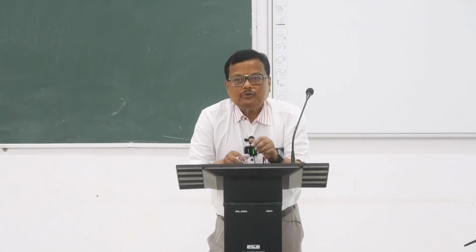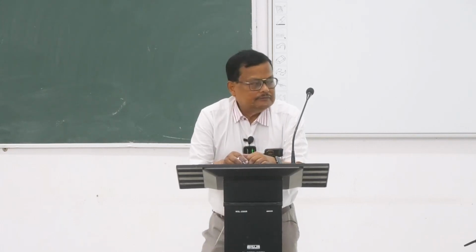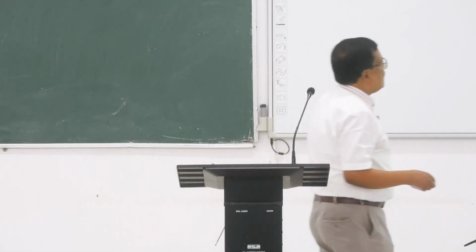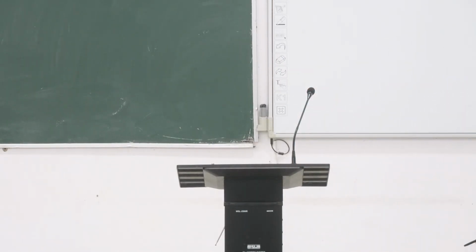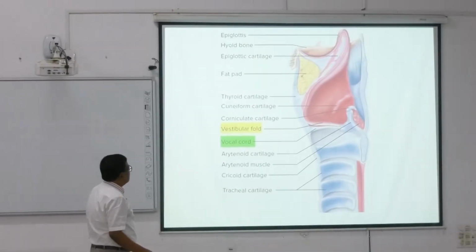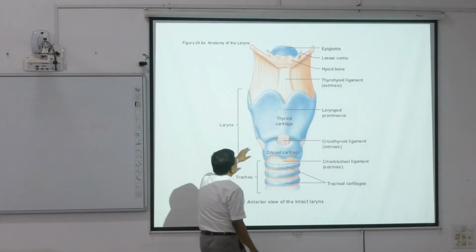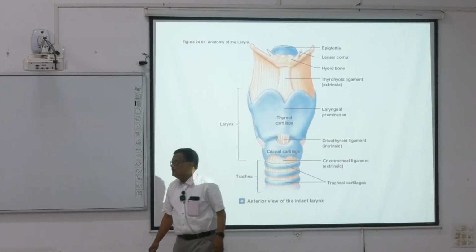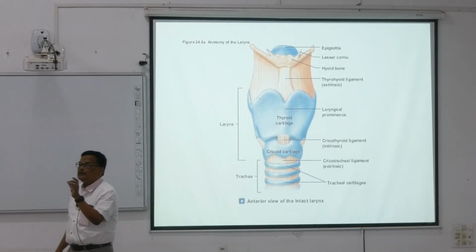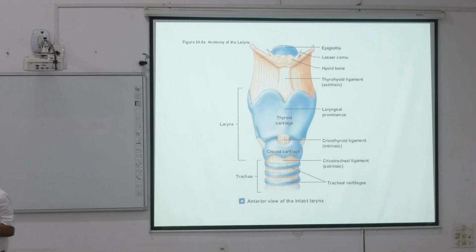So going back to the larynx, some theoretical discussion. The larynx is made up of cartilages. Some are paired, some are unpaired.